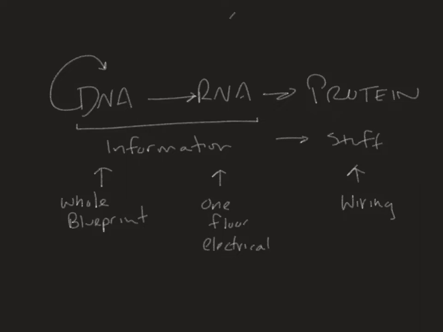If somebody spilled some coffee on it and you couldn't tell where something was, and somebody drew it in a different place, then you would change the wiring because the floor plan had changed. Okay, so essentially a change in the DNA is going to impact the change in RNA and the change in the protein.